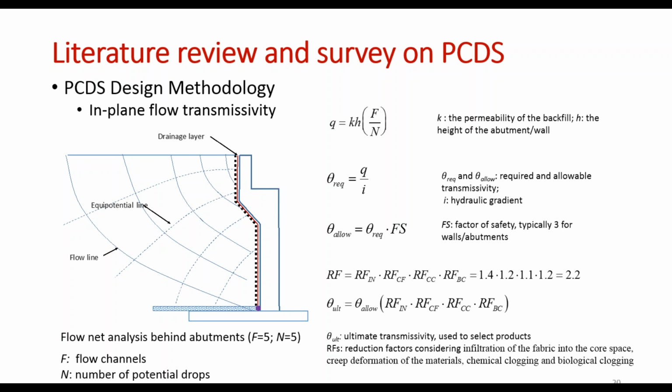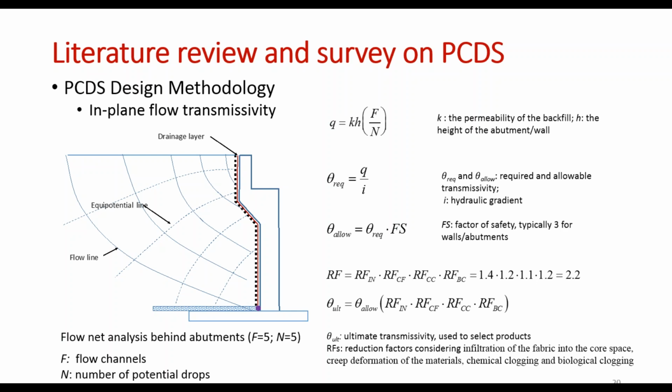The higher the wall is, the larger the drainage requirement you should expect. Theta here is the transmissibility, which is just the ratio of Q over i, the hydraulic gradient. But from Q to the design value, which we can use to select the correct product, we need to apply a lot of reductions.